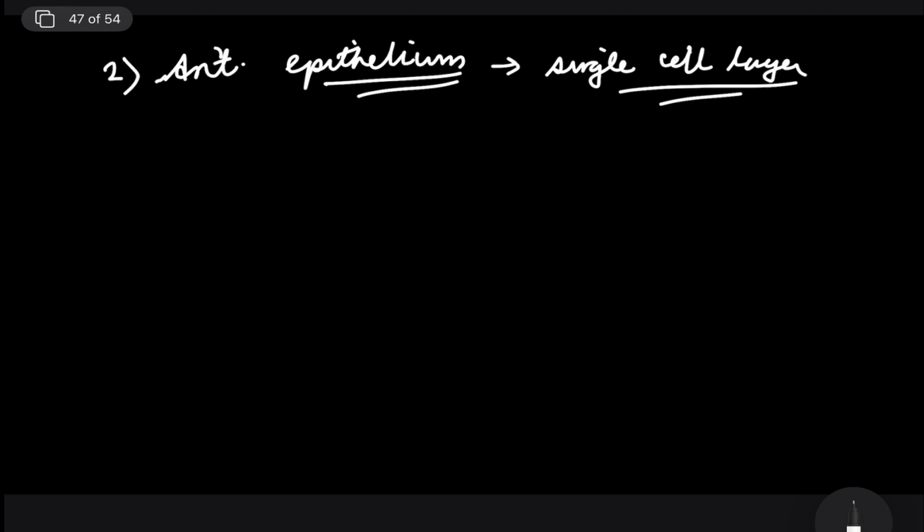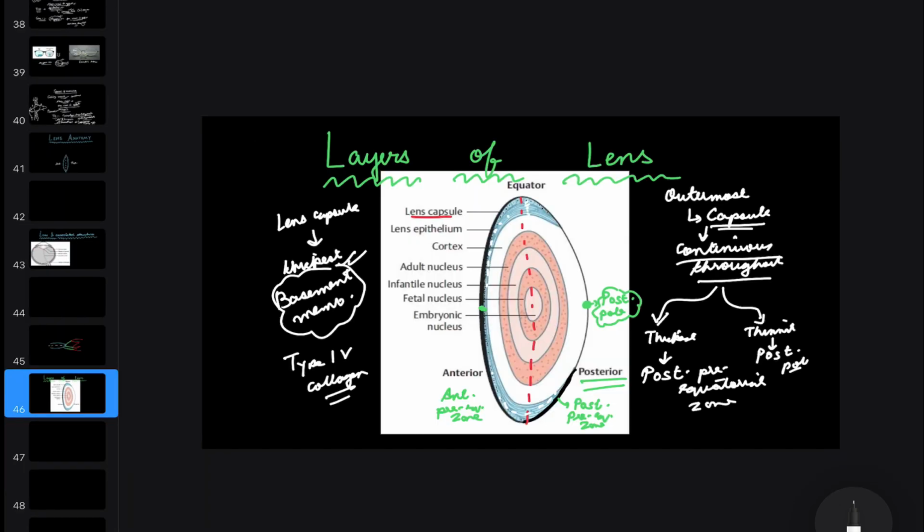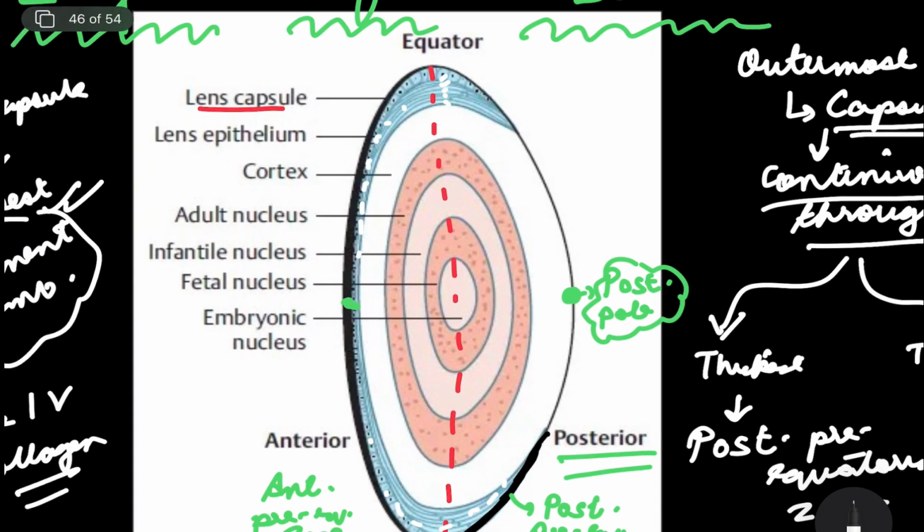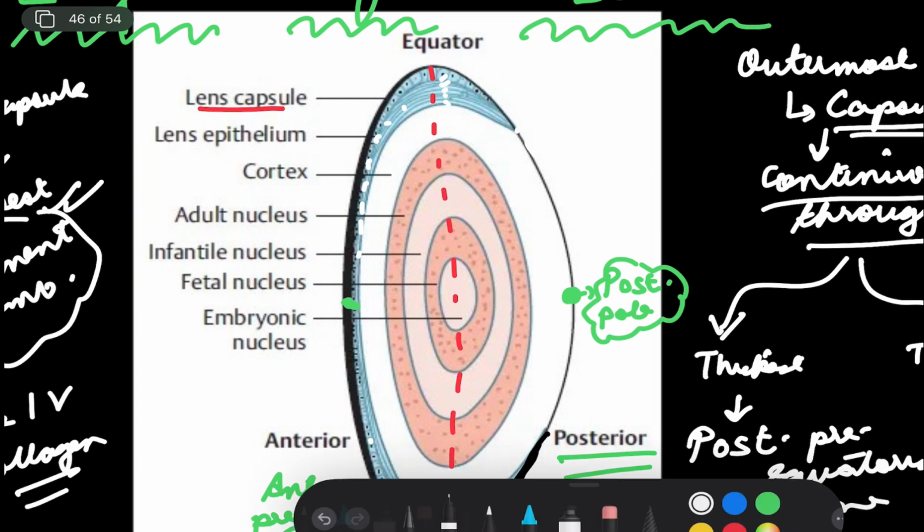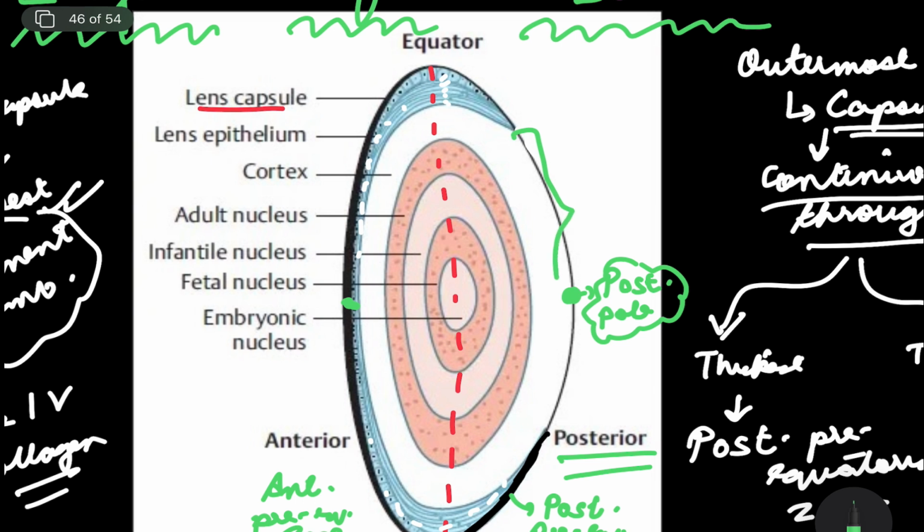Why are we saying that it is only anterior epithelium? Let me take you back to this picture, then you will understand very quickly that there is no posterior epithelium. Can you see? It is barren. There is no blue layer on the posterior side.